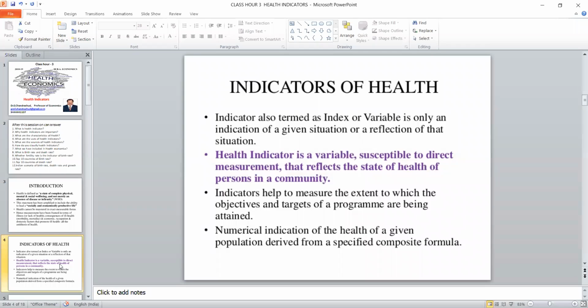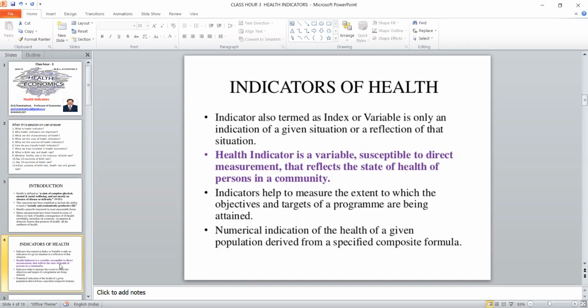In that way only it is possible to express. A health indicator is a variable susceptible to direct measurement, and it reflects the state of health of the persons in the community. Keep it in mind, it's not possible to say the exact value. We can say some proportion or percentage, and most of the indicators are qualitative.